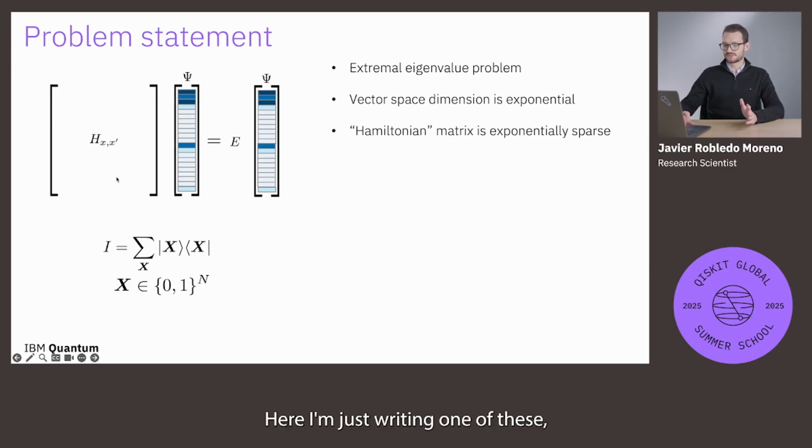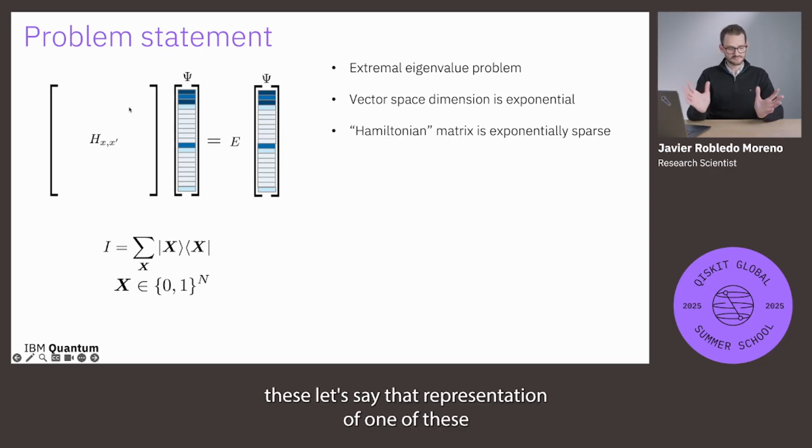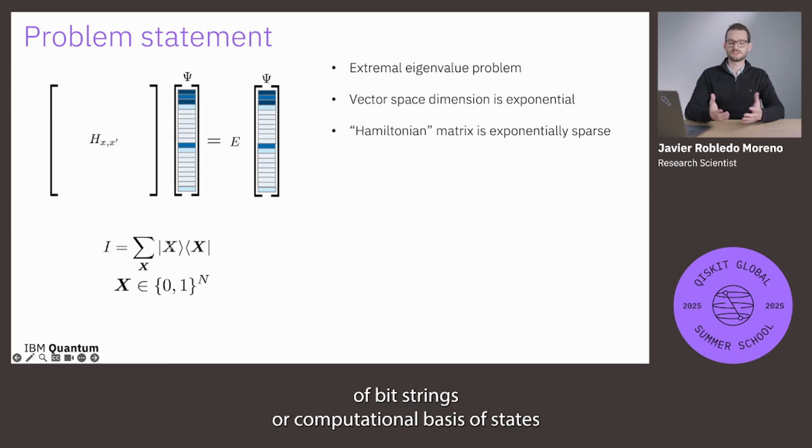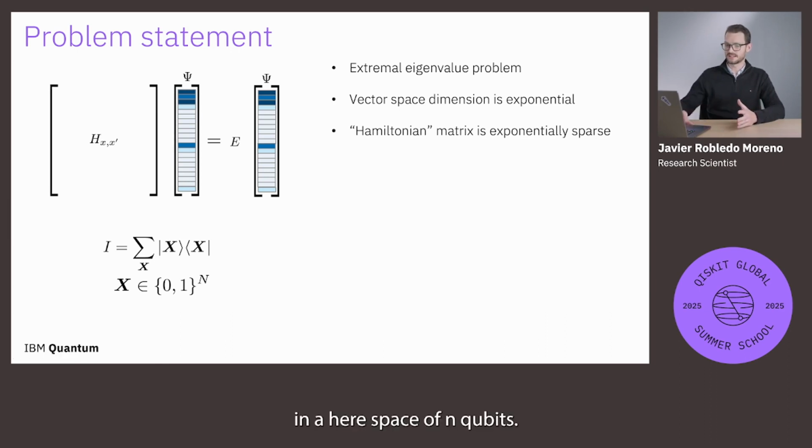Here, I'm just writing a representation of one of these exponentially large matrices spanned in a basis of bit strings or computational basis states in a Hilbert space of n qubits.